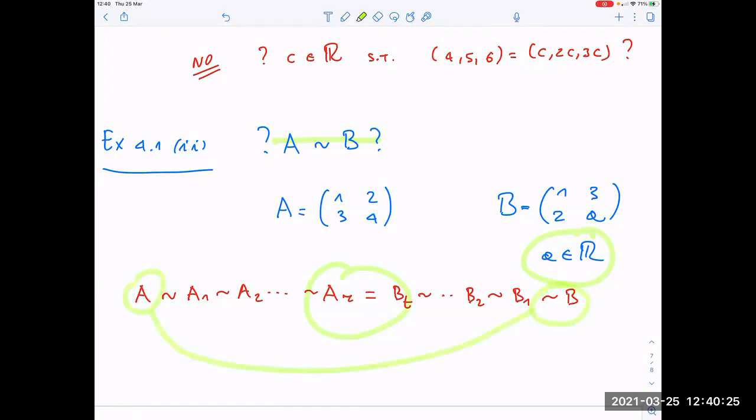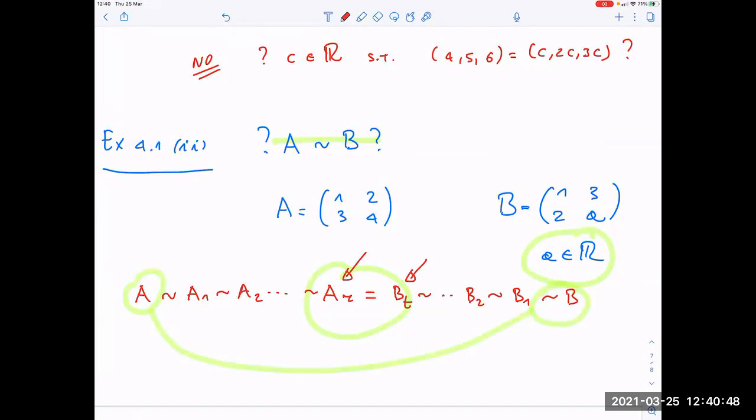So the idea is, can I always find versions of A and B which are easily compared? So it's not exactly going by trial. It looks like that to you because you just started, but there is a process here.